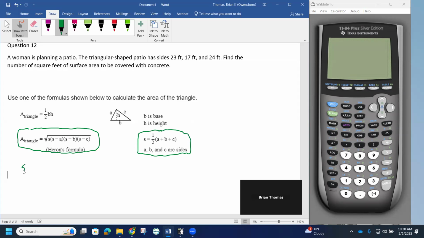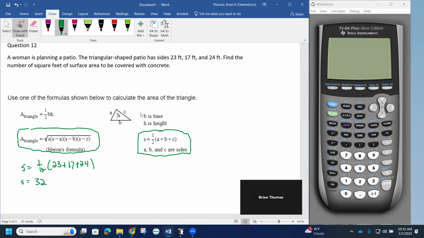To find S to start with, we take 1/2 and add the 23, the 17, and the 24. So 23 and 17 would be 40, 40 plus 24 is 64, and half of 64 would be 32.